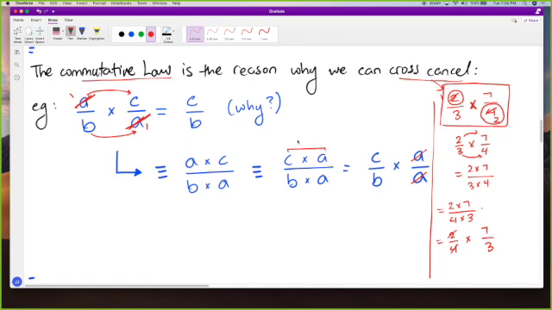I switch the numerator in this case, and in this case I switch the denominator, which is fine. Now A times C is the same thing as C times A. It's commutative. And so now I could split it back up, so you get C over B times A over A. And that is why the A's could cancel.